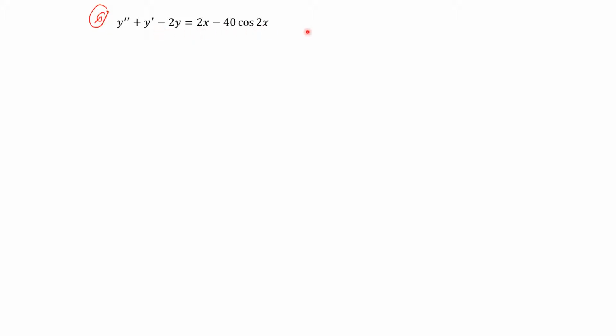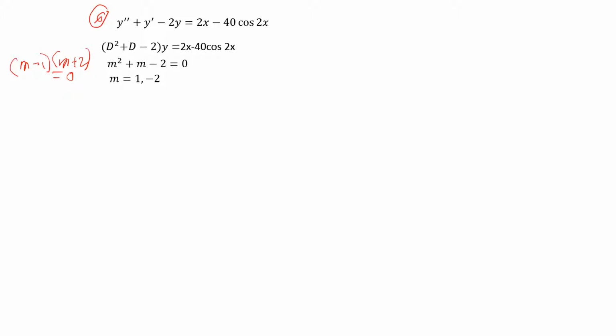The first step, of course, is to set this up in terms of its operator form: D squared plus D minus 2, y, is 2x minus 40 cosine 2x. Then find the solution of this equivalent homogeneous equation. How do you factor this? m minus 1 times m plus 2 equals 0.